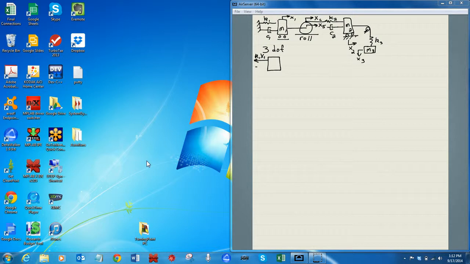For the damper, same thing, draw a line, put the equation in. Again, pretend that x1 dot is positive, moving to the right. If it's moving to the right, you're pulling on the damper, and the damper is pulling back. Then on the right-hand side, there's a rod.